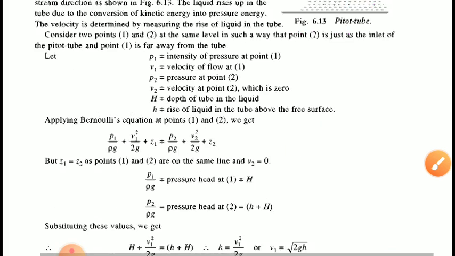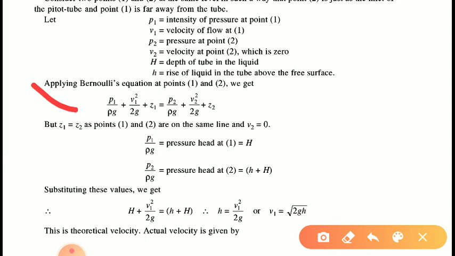Now if we apply the Bernoulli equation at these 2 points, point 1 and point 2, we will have this equation. Now as point 1 and point 2 are at the same height, we can say that Z1 and Z2 are the same. Hence we can neglect this from this equation. Now the velocity at point 2, V2, is also 0.